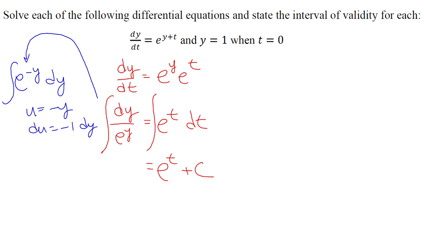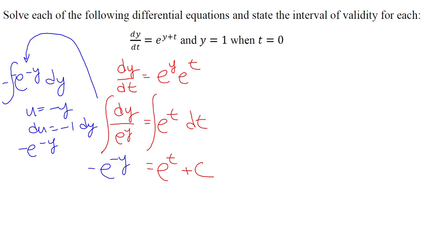And so we'll put a negative inside and a negative outside, which gives us -e to the -y as our integral here. So we have -e to the -y is equal to e to the t plus c.